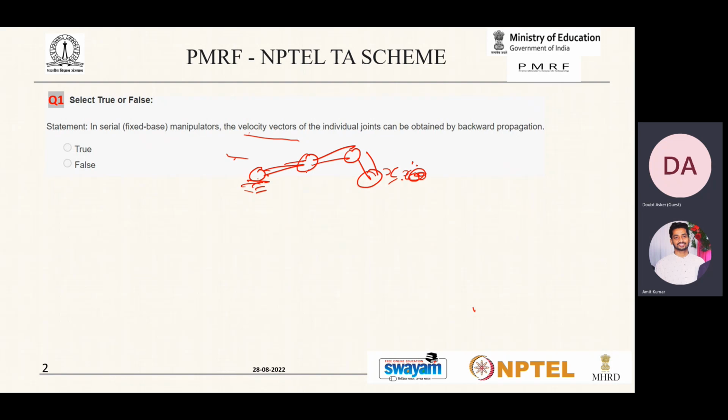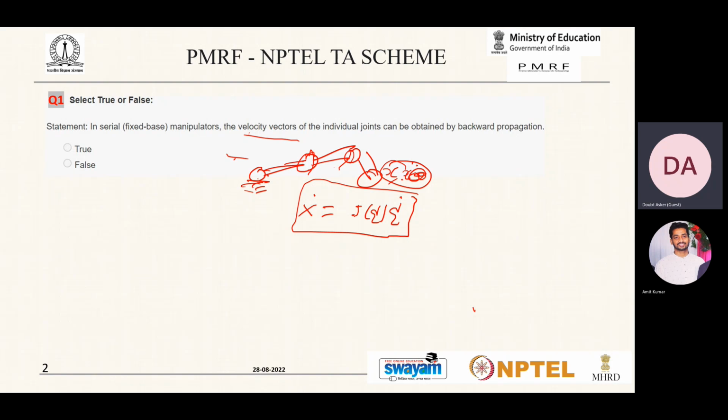Now what we know is that x dot is nothing but J of q, that is the Jacobian, times q dot. So given the joint parameters, we try to find out the velocity in the actual workspace, that is x dot.